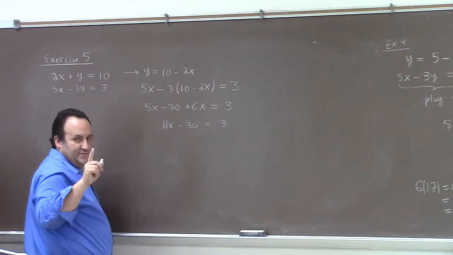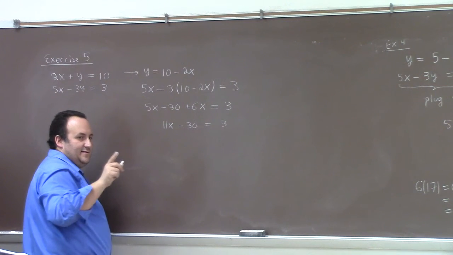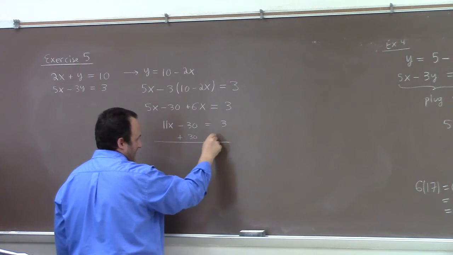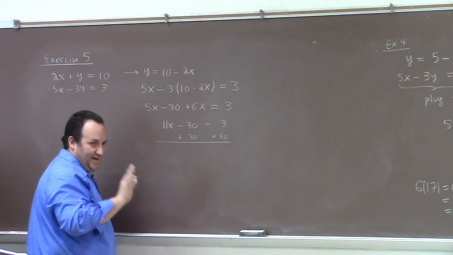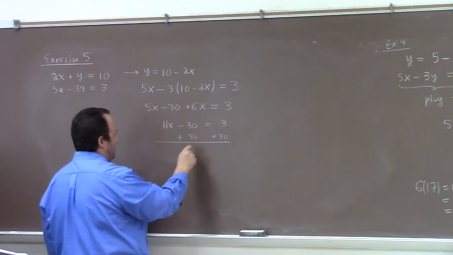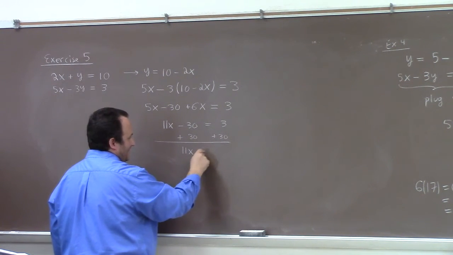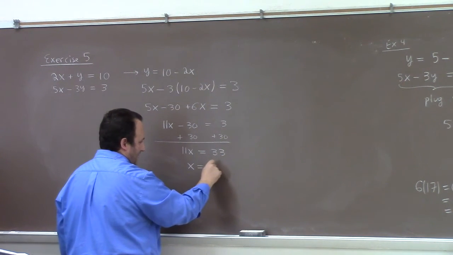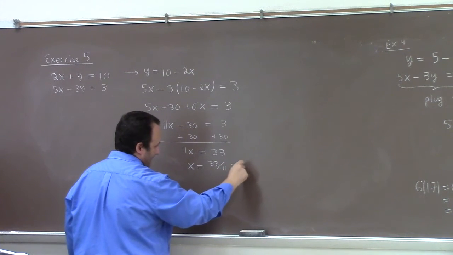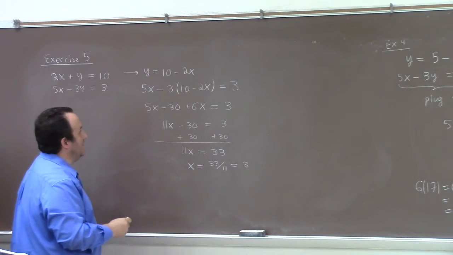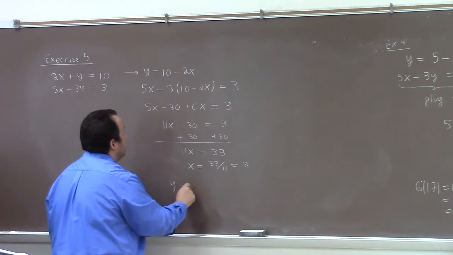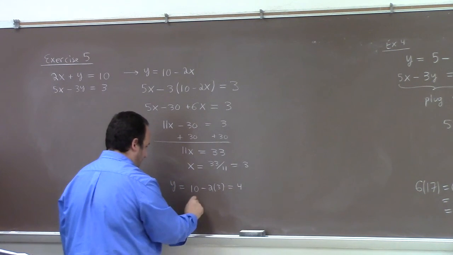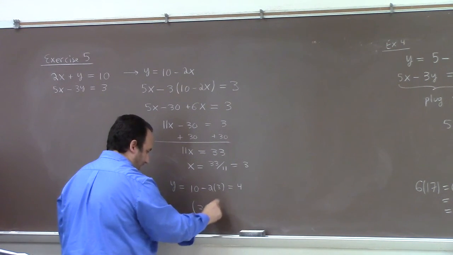Now, Kennedy, if I was to write this, then you'd be happy. You've been confusing me since day one. Then x equals 3. All right, x equals 3, and then what's y equal to? 4, because 10 minus 2 times 3 is 4, right? So we get the solution 3, 4.